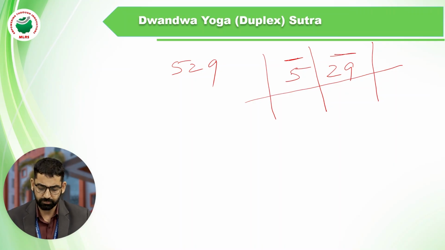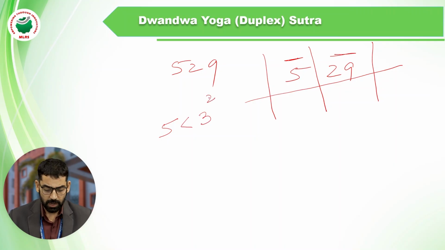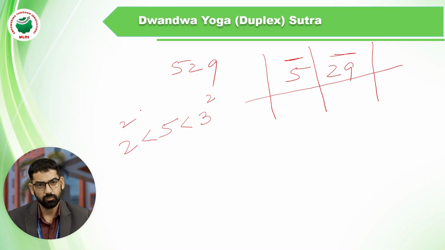If you see the pair 5, which is a single digit number, this number lies in between squares: it is less than the square of 3 and greater than the square of 2. So the first number is to be taken between the squares of the numbers preceding and following it.